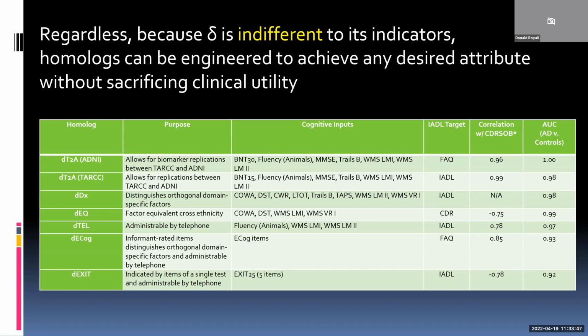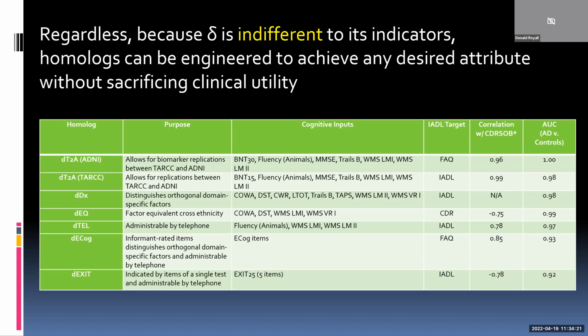The DDX homolog, which we'll see a little bit later in this talk, distinguishes orthogonal domain-specific factors. You'll see people develop what they purport as domain-specific indices, but they're using observed measures that are not adjusted for G. So those supposedly domain-specific factors are actually strongly intercorrelated, and the variance they share with each other cannot really be thought of as domain-specific variance.